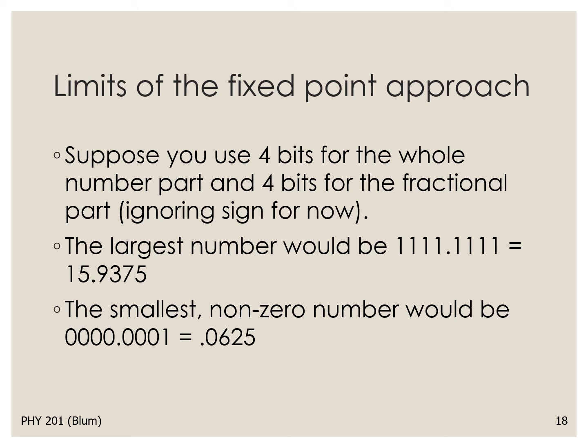Then the largest number will be 1111.1111, which is 15.9375. And then the smallest number would, of course, in this case, so we're not dealing with any negative numbers here, the smallest number would be 0, but the smallest non-zero number would be 0.0001, and that's 0.0625. So that gives us the sort of range of the smallest non-zero number to the largest number.